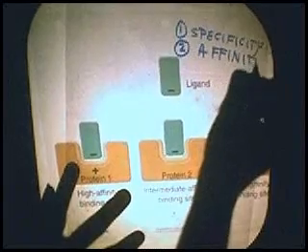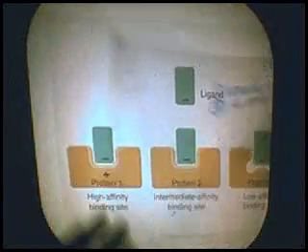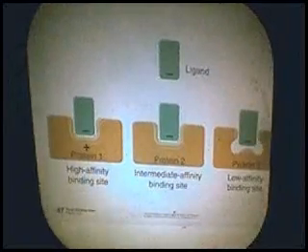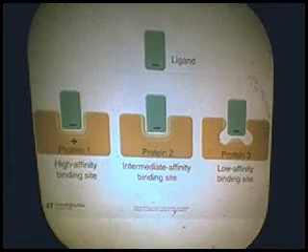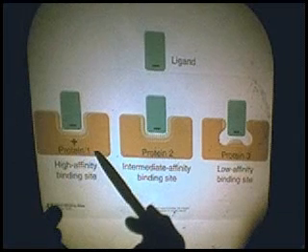Binding sites also have something called affinity. So 2, affinity. Here we have 3 binding sites that are specific for a particular ligand, and one site is a high affinity site.